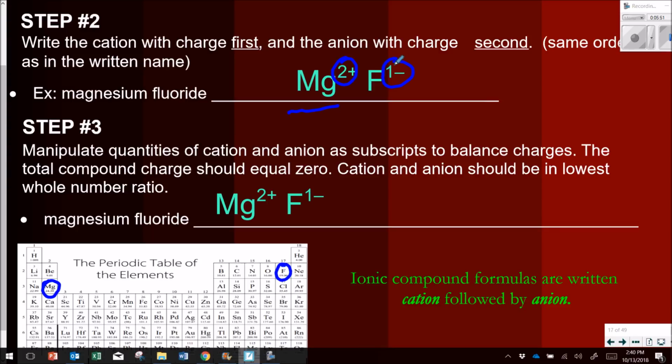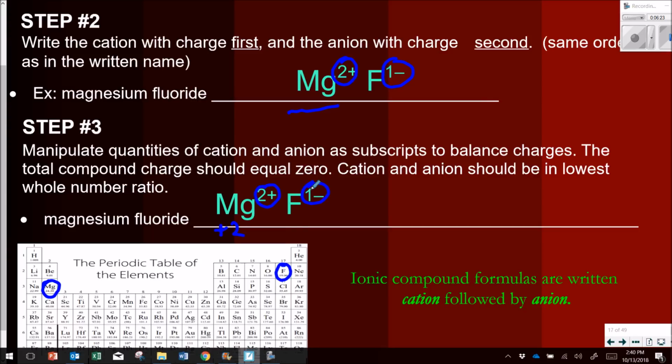In step 3, we manipulate the quantities of cation and anion as subscripts to balance the charges. Remember, the total charge on the compound should equal 0. In our example, we have magnesium with a charge of +2, so the total charge on the cation side is +2. The fluoride ion has a charge of -1.